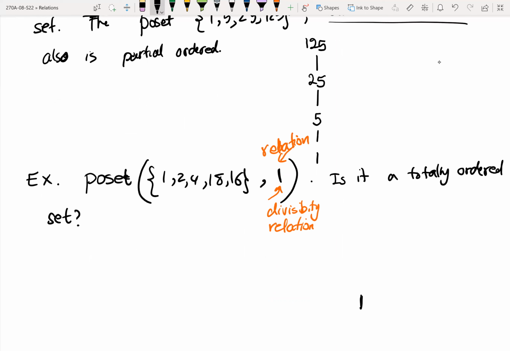If you start from the beginning, 1 divides 2, 2 divides 4, 4 divides 16, but not 18, right? 2 divides 18.